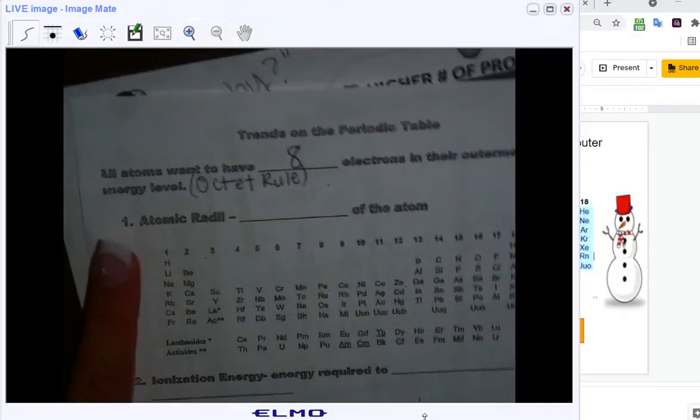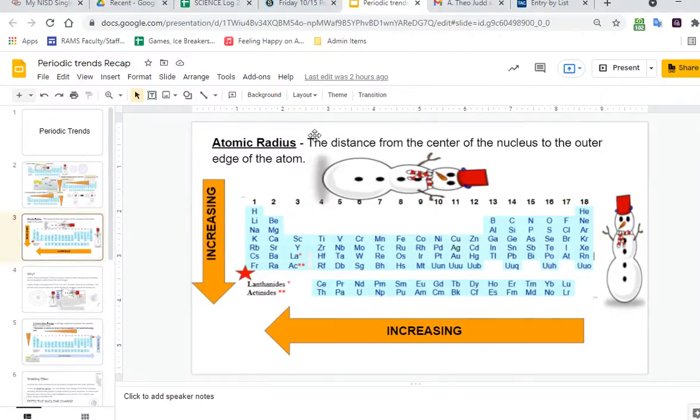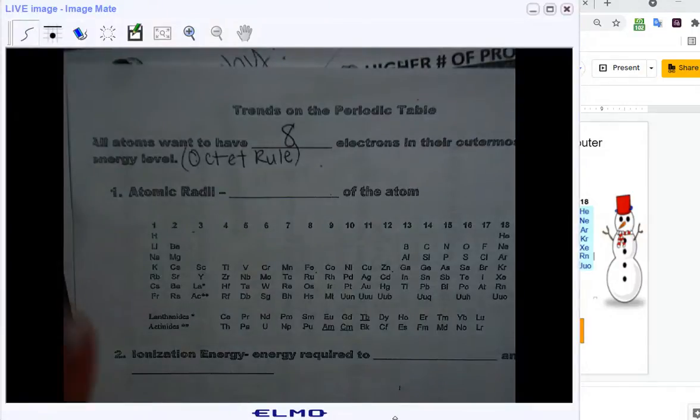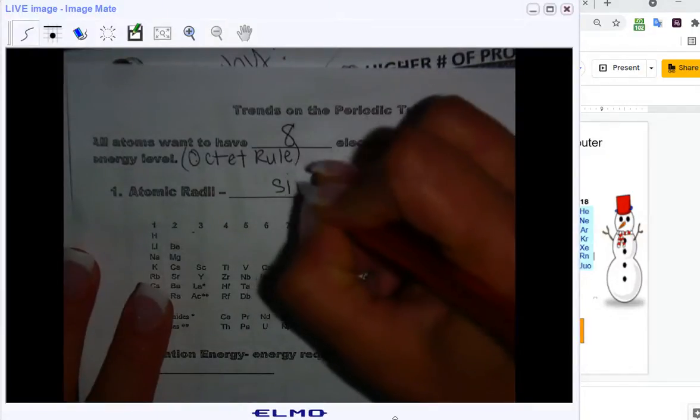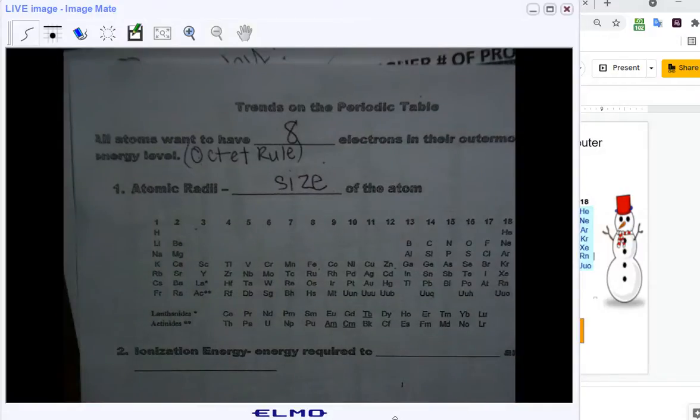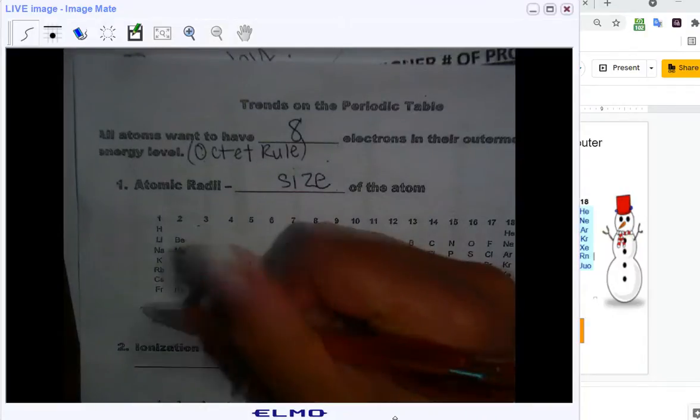Okay, atomic radius. Atomic radius on here says it is the distance from the center of the nucleus to the outer edge of the atom. So the center to the valence electron. In other words, it is the size of the atom. According to your periodic table, where is the large atom picture? Is it the top right corner or the bottom left corner?